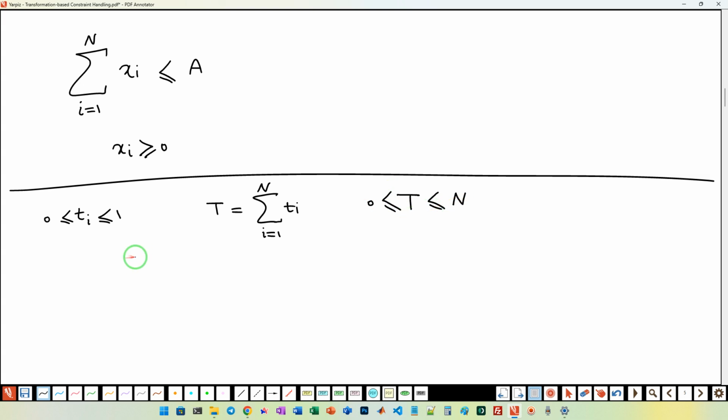Now, this time let's define si as ti divided by n, not t.